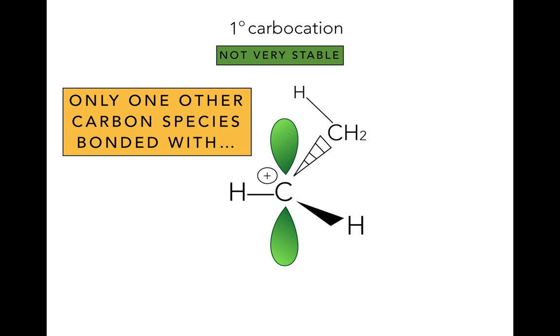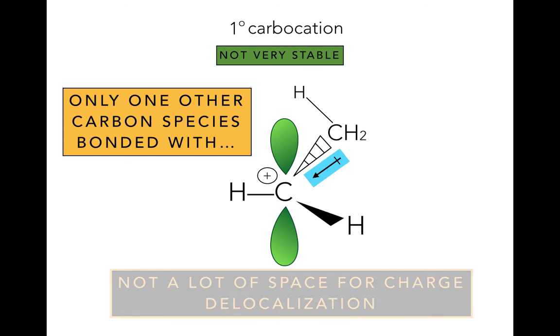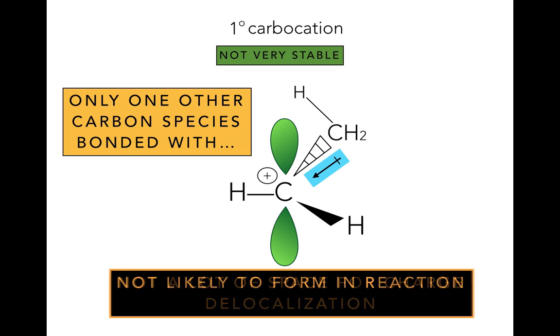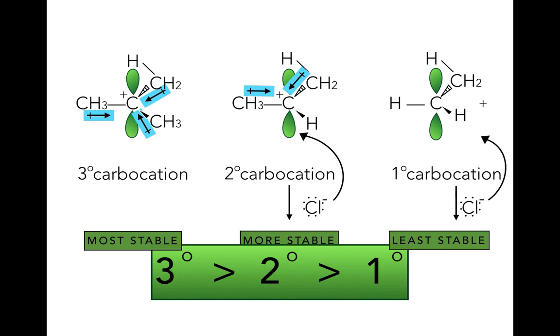So that positive charge does not get delocalized throughout as much space as the previous examples, thus causing a more unstable carbocation. This is not a lot of space for the charge to delocalize, thus not likely to form in a reaction. This is not likely to be the intermediate species in my reaction.